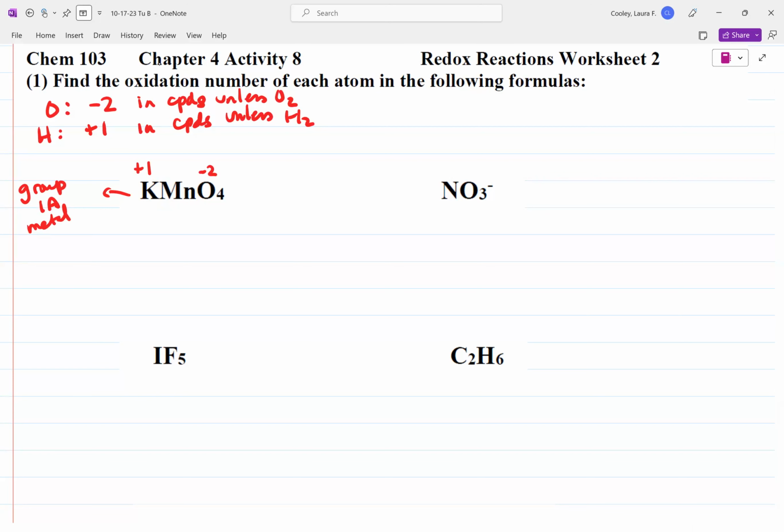-2, right? So I have this Mn is going to be the X. So I have X plus 1 plus 4 -2s equals 0.